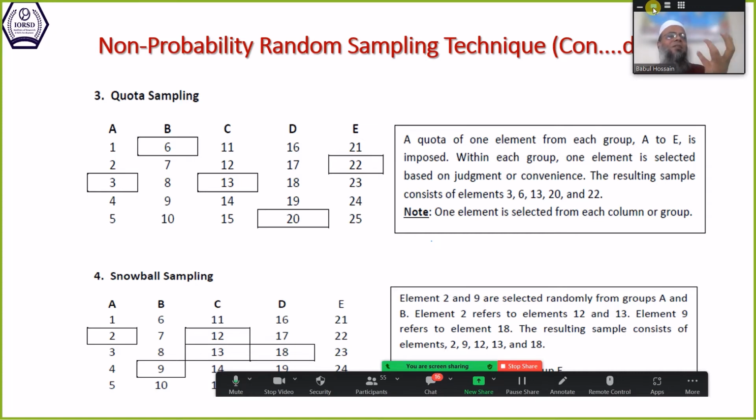Snowball in itself represents the idea. Like a snowball, starting very little and becoming very big. Suppose you have a restriction, or you don't know the respondents properly. What will you do if you find someone?